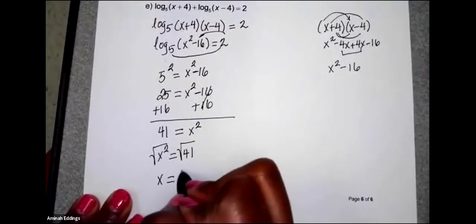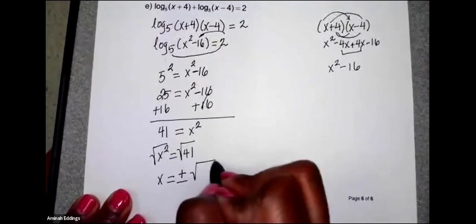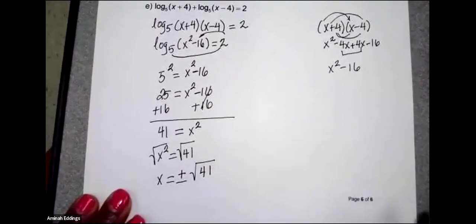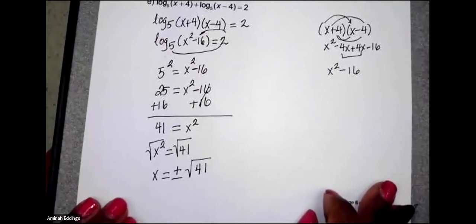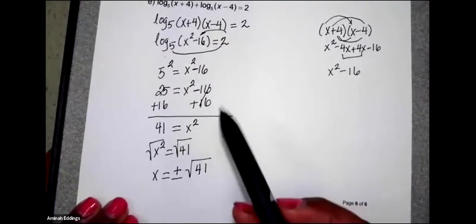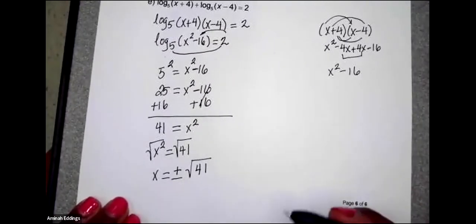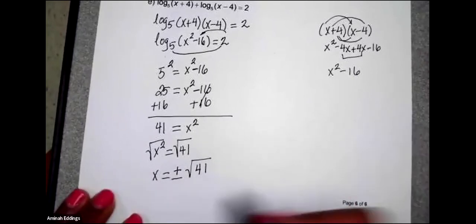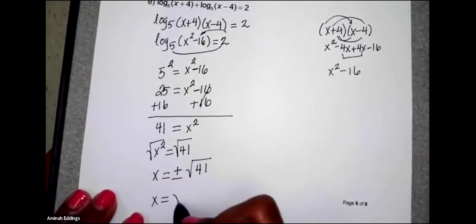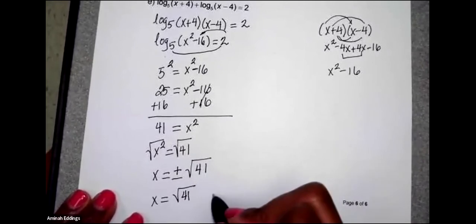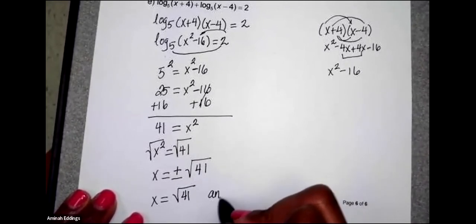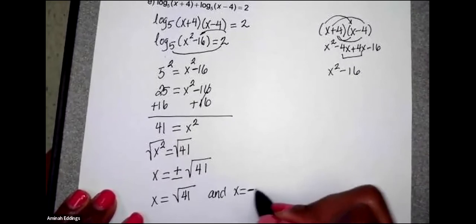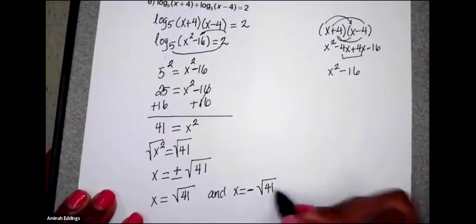So x is equal to plus or minus the square root of 41. So right now I have two answers. X equals positive square root 41 and x equals negative square root 41.